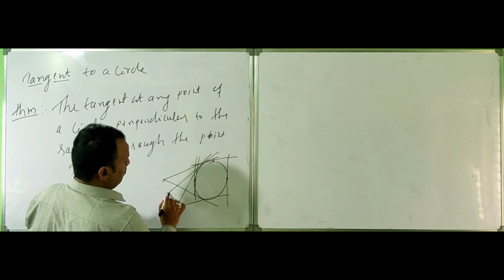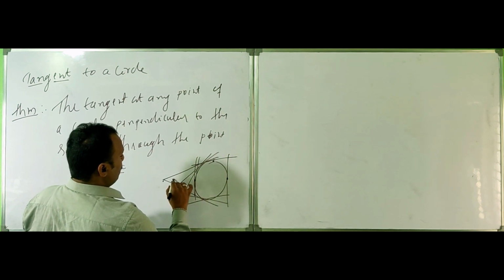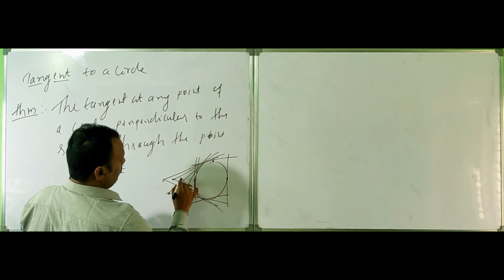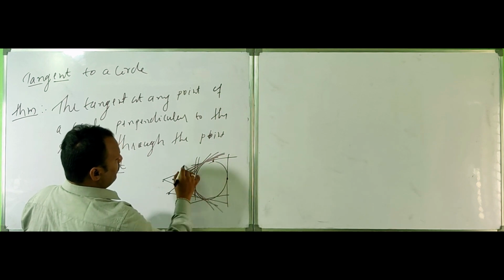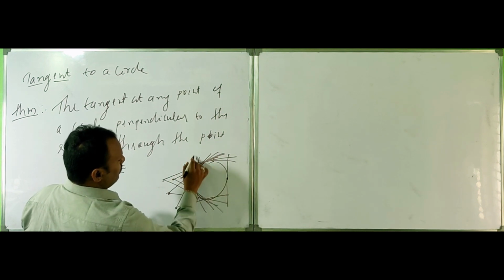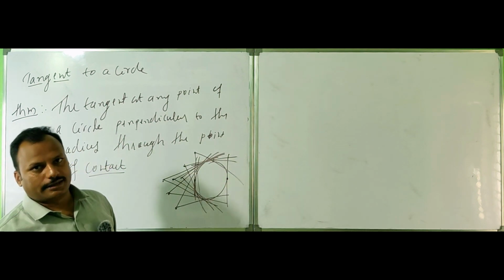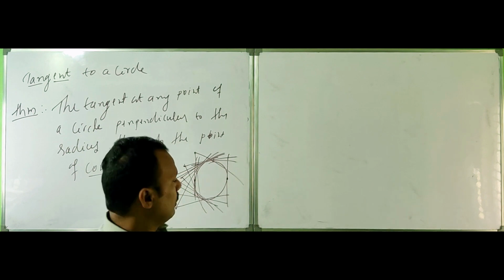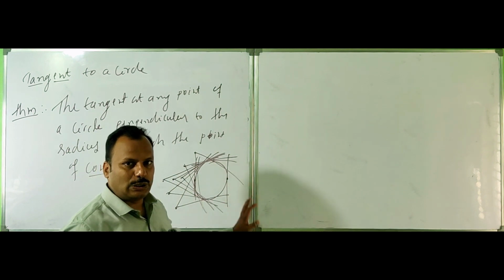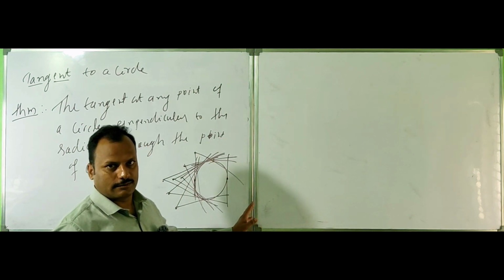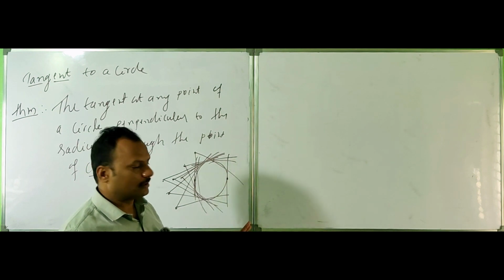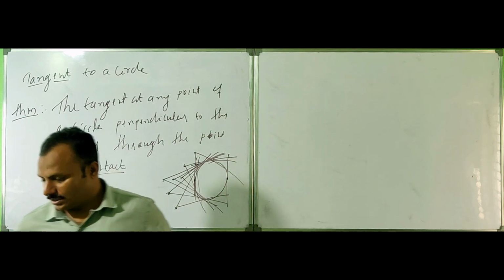Take any point that should be external. From an external point we can draw a maximum of only two tangents from a fixed point to the circle, right?